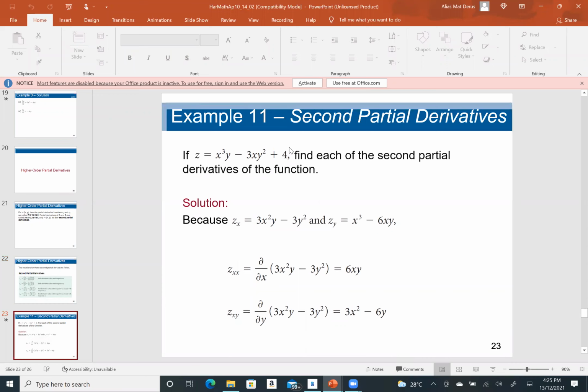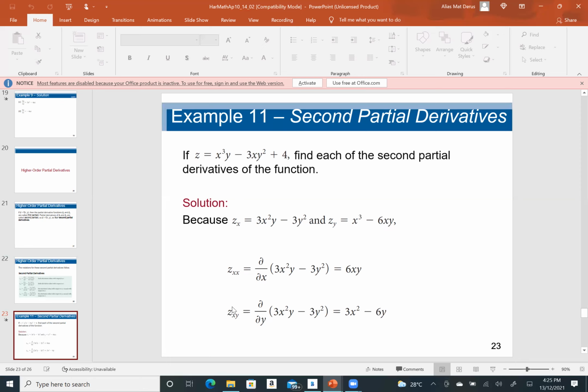So now what I want you to do, we already know the first partial. You have fx or zx, you have zy or fy. Now they already did the second partial.